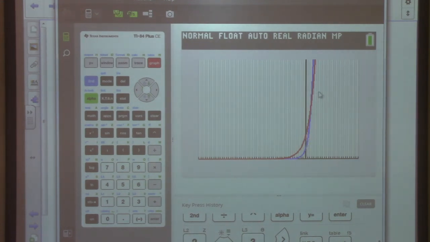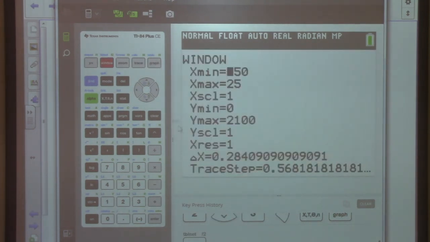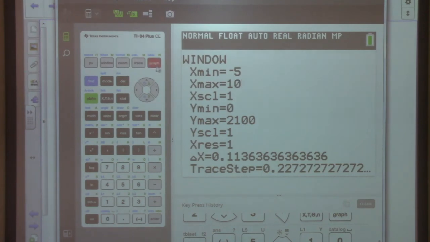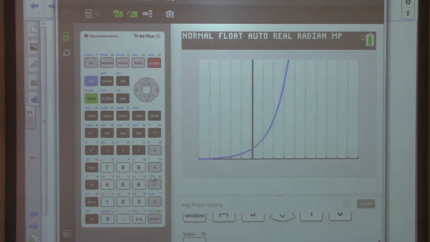Didn't work for you? It may be a little hard to see that it does work. And if you tighten up the X's, you'll be able to see better. So I just want to tighten that up. Okay, -5, 10. Yeah, so you can see better, but in either case, you'd still have your intersection point, right?